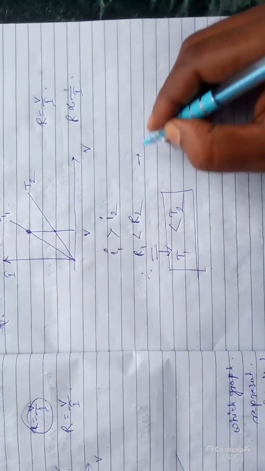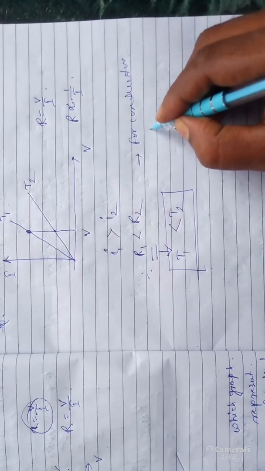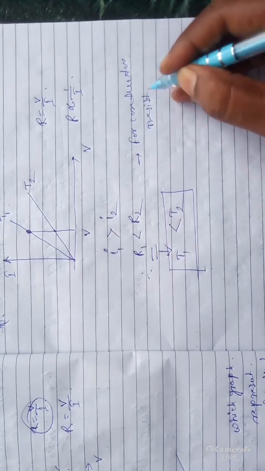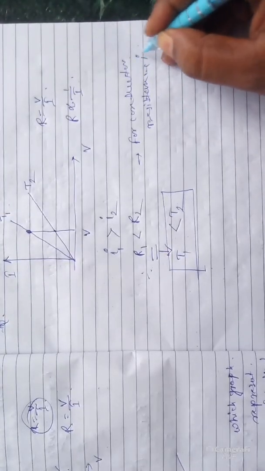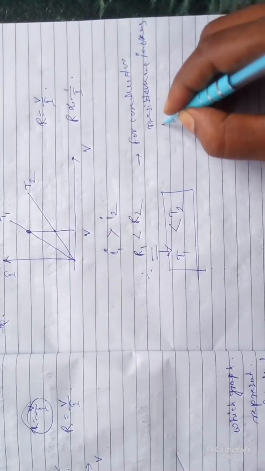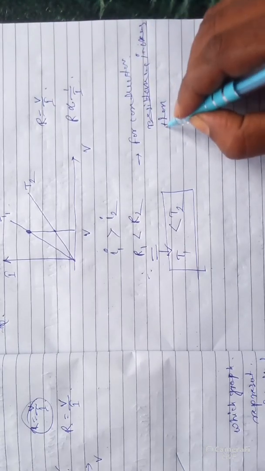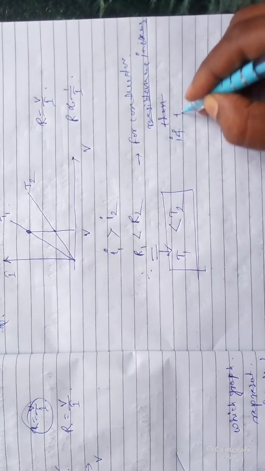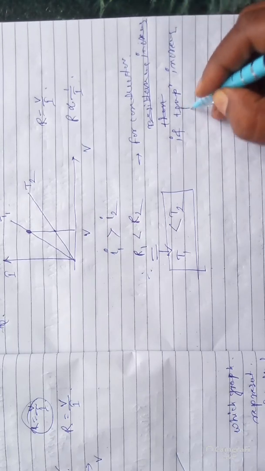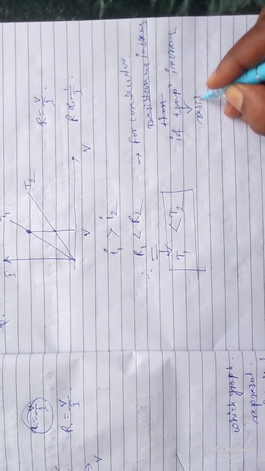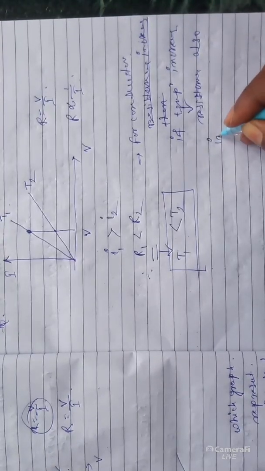Why? Because for a conductor, if temperature increases, then resistance also increases.